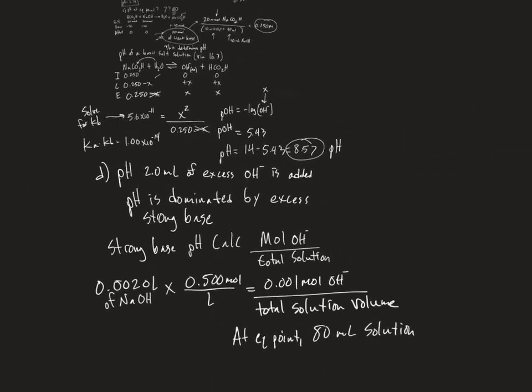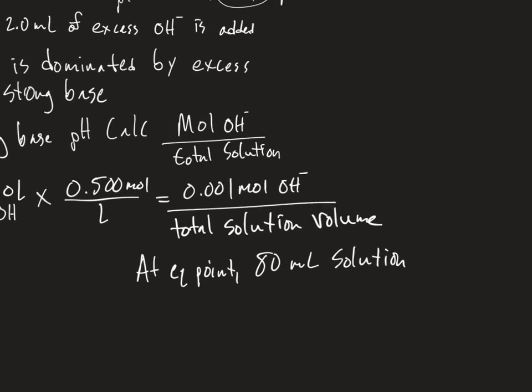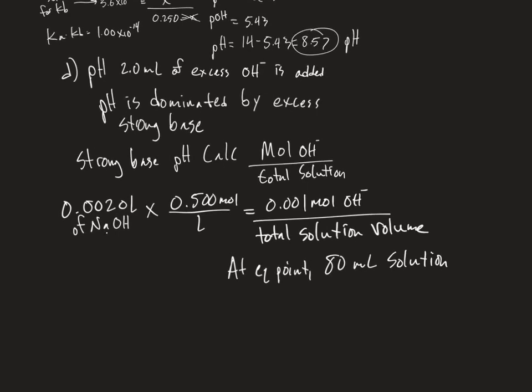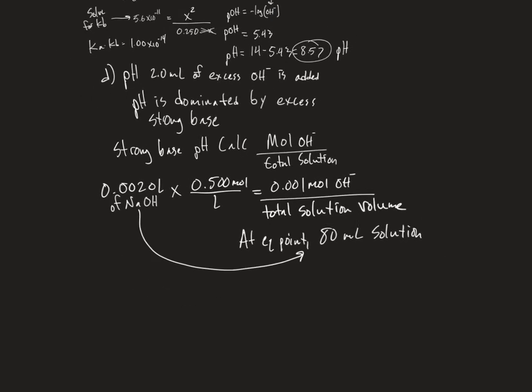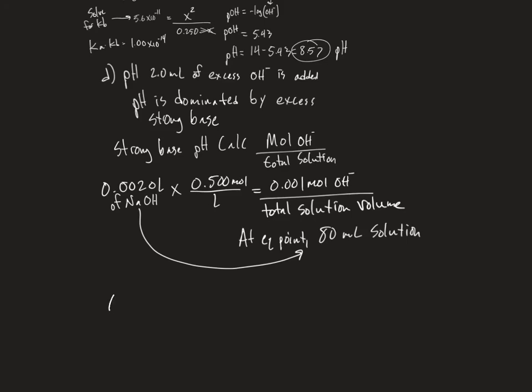So now we're adding just a touch more volume to that. So total solution volume means 0.0020 liters NaOH plus 0.080 liters of solution.